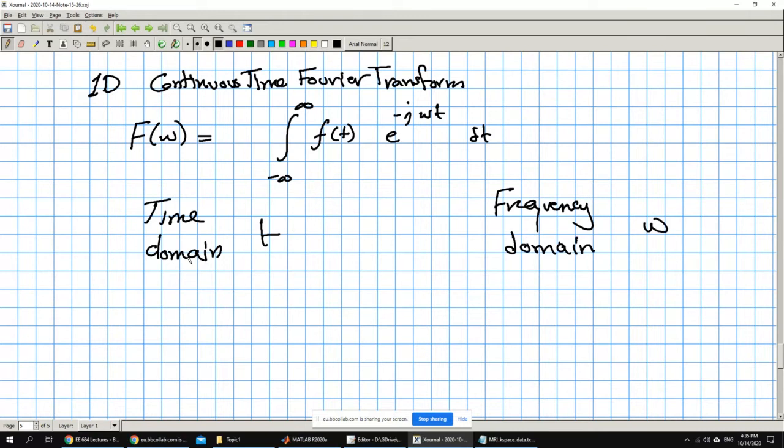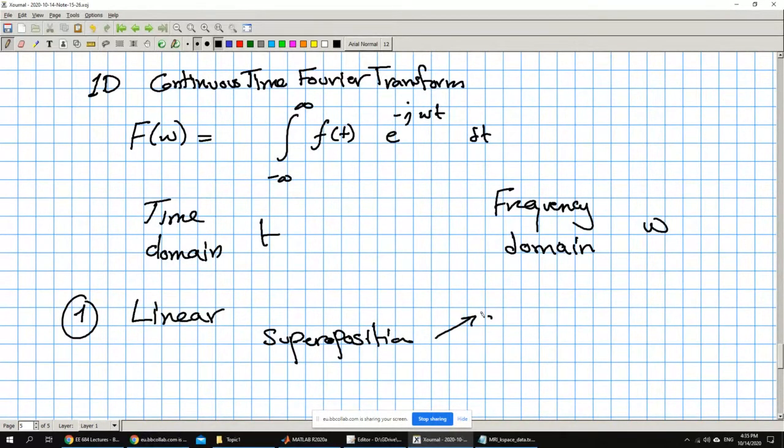There are several properties of the Fourier transformation that I would like us to understand first before we proceed further to use it. First of all, the Fourier transform is a linear transformation, which means that it satisfies the superposition property.